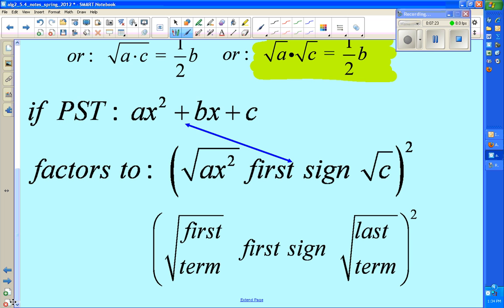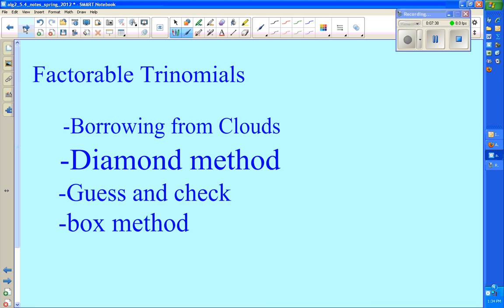Again, these notes are part of the factoring review. It's the very first file available to you in Chapter 1. But a PST generates a binomial square, so we want to make sure we're pretty well versed in those factoring processes. If you're not, and you feel like it's a weakness, come and get help.